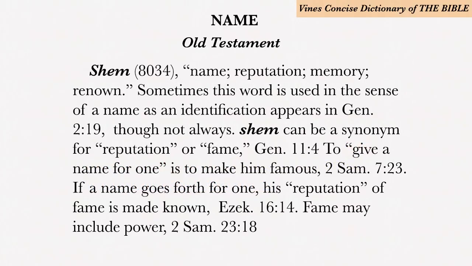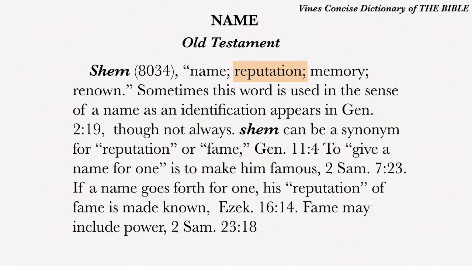Look at this. This is Shem from the Vine's Concise Dictionary of the Bible. It says, Shem, 8034, name, which we know. But then it says reputation. Stop. Because now we see that sometimes the word name is not talking about the name itself, but instead the reputation behind the name.